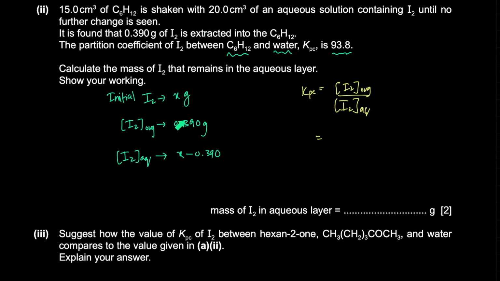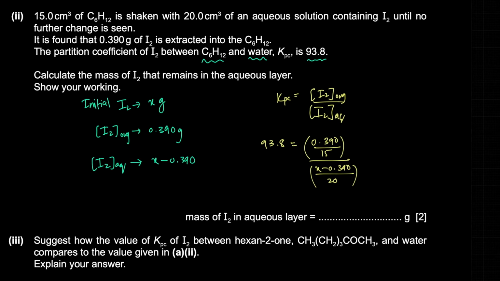We have 0.390 grams in 15 cm cube of cyclohexane, divided by X minus 0.390 in 20 cm cube of aqueous solution remaining. That's the concentration in the water, and the ratio between the concentrations is the partition coefficient. So this is equal to 93.8.